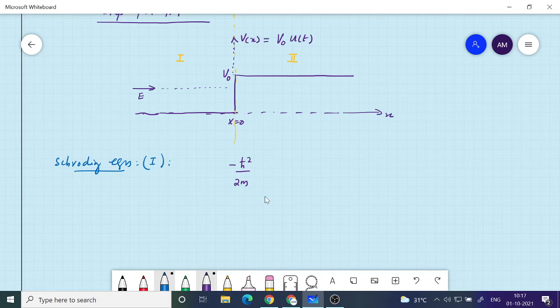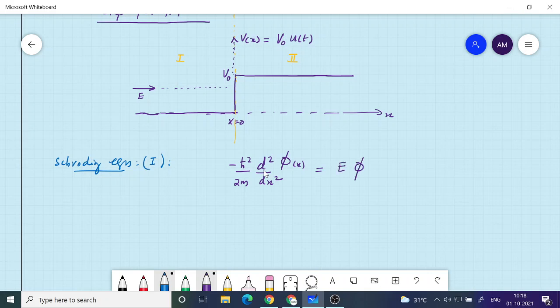So h cut square by 2m, and then d square by dx square, because x is the only variable. Then I will call the wave function in this region psi of x, is equal to E psi.